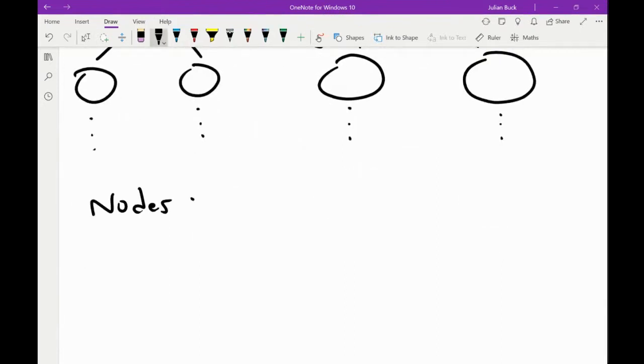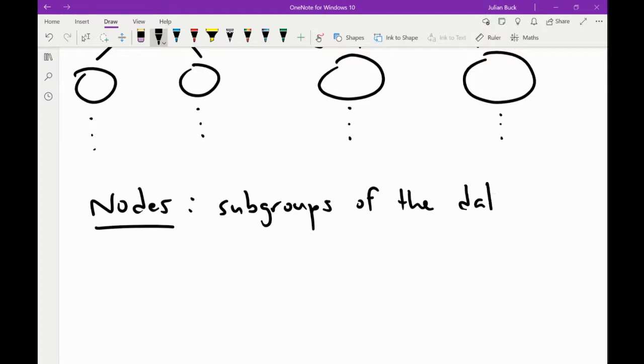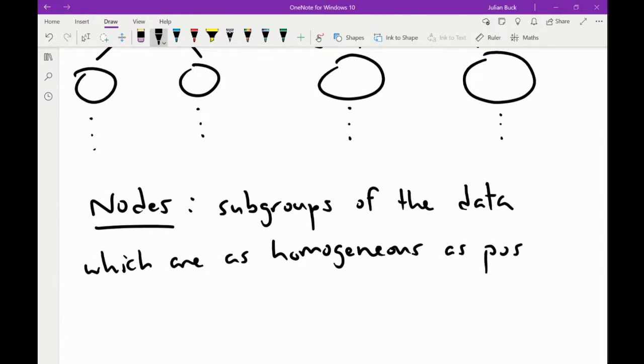So when we talk about nodes, we're talking about subgroups of the data which are as homogeneous, a fancy way of saying similar in this sense, as possible by their response values.